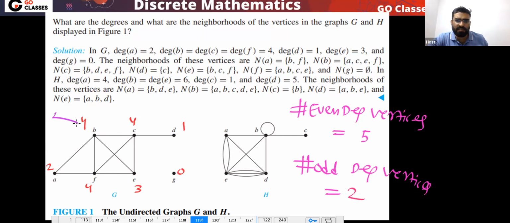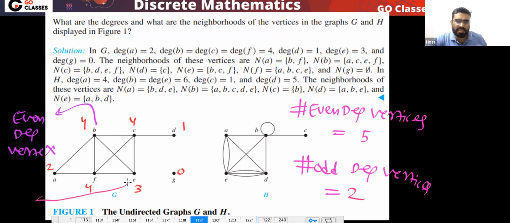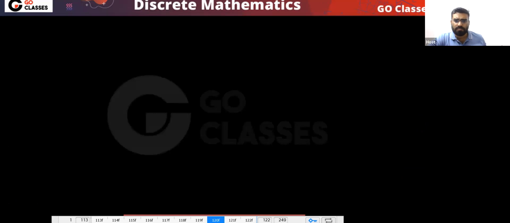This vertex B is an even degree vertex. And this vertex C, this vertex E is an odd degree vertex. Okay, so very simple. Is this clear? Is this concept of degree of a vertex clear?